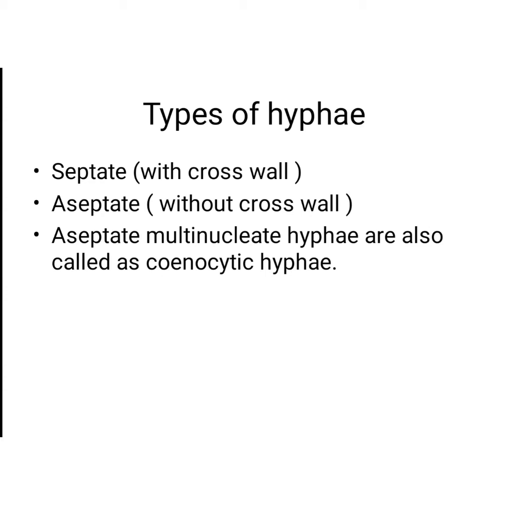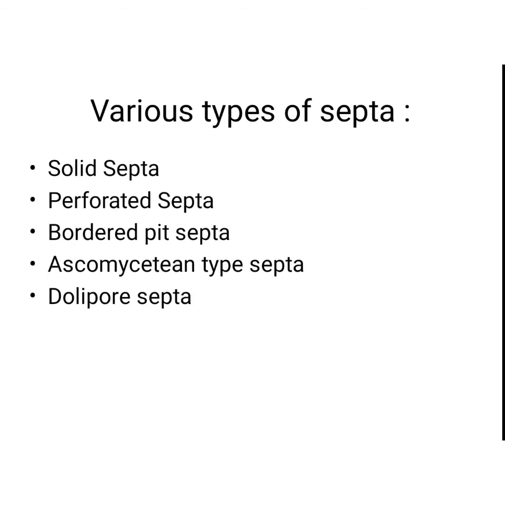This cross wall is nothing but a partition. It is also known as septum. The various types of septa found in fungi are solid septa, perforated septa, bordered pit septa, ascomycetian type septa and dolipore septa. About that we are going to see in this video.